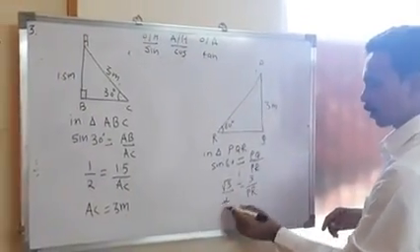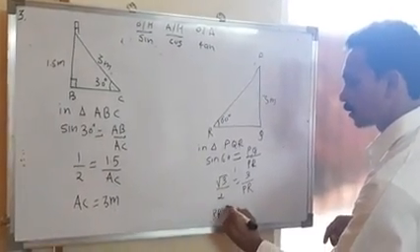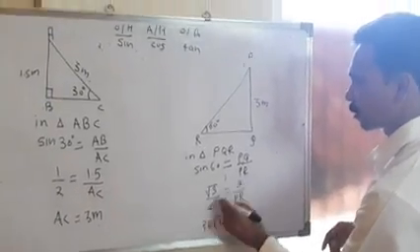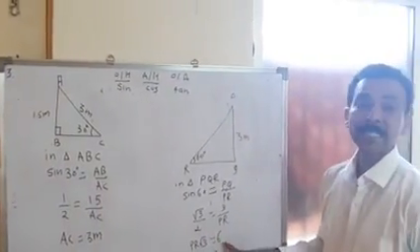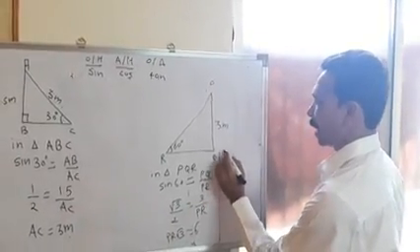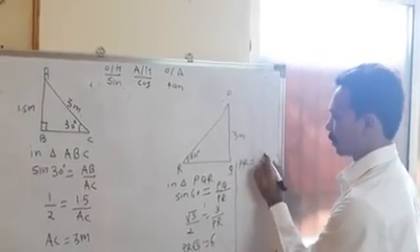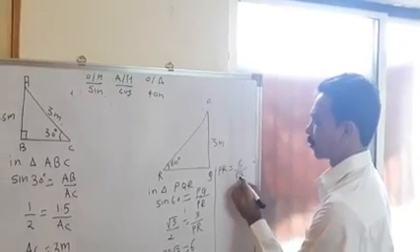Do the cross multiplication. PR into root 3, PR root 3 is equal to 3 2s are 6. Now, what will be PR? PR is equal to 6 upon root 3.